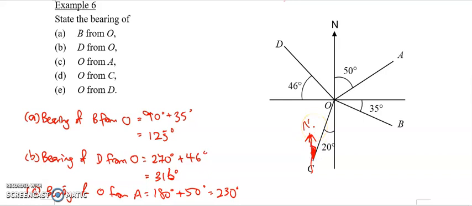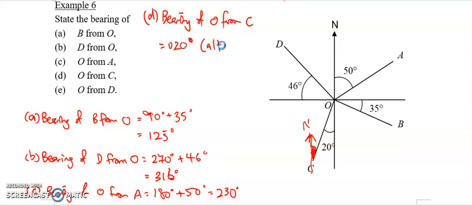So for question D, bearing of O from C, we can tell that it is 020 degrees, because of alternate angles. We have north and this north line, so it forms alternate angles.